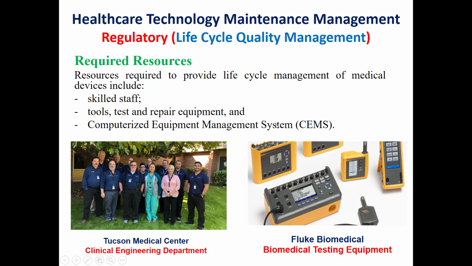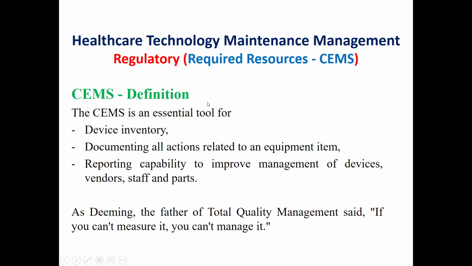So, in order to achieve a life cycle quality management, which is required by the standards and guidelines, it's essential to have three resources, which are the skilled staff, tools and testing equipment, and finally, a computerized equipment management system. So what is a computerized equipment management system, also known as a computerized maintenance management system?